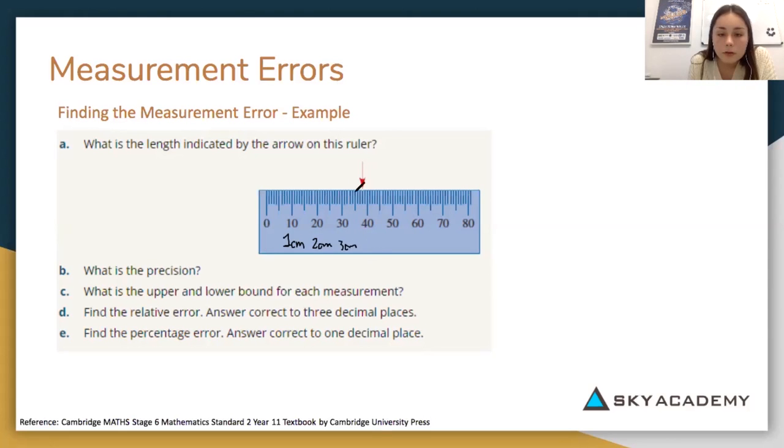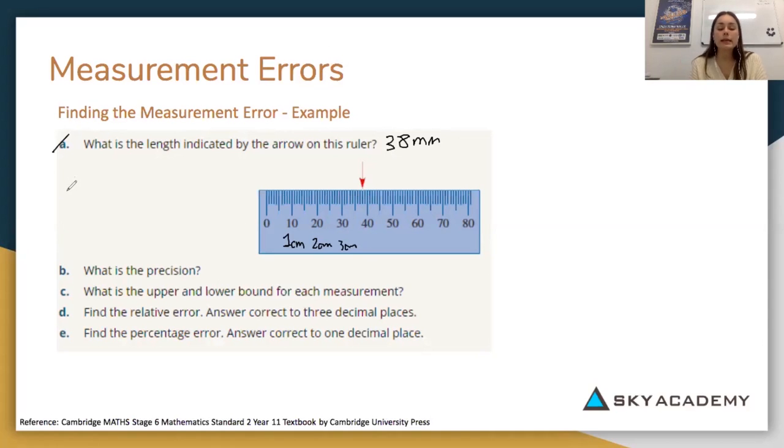So if we have a look here, the length is measured there. We have 35 millimeters, 36, 37, 38. So the length indicated by the red arrow is 38 millimeters.